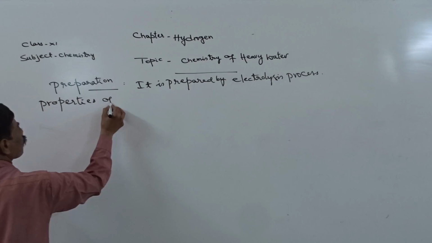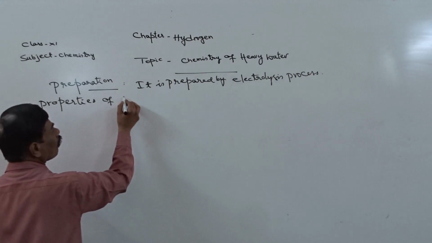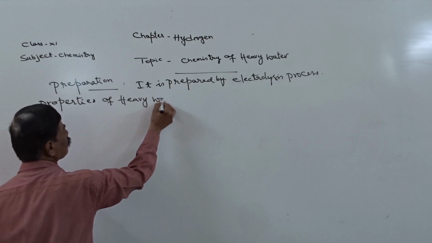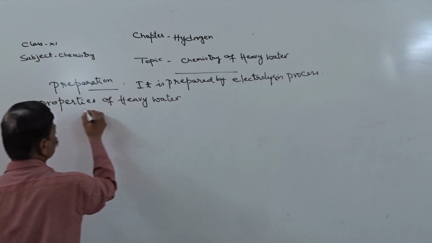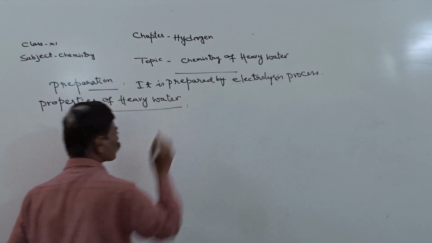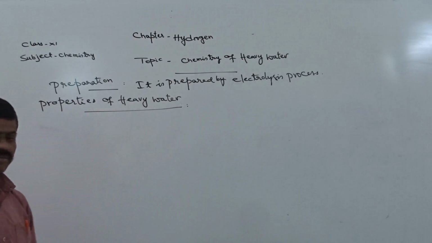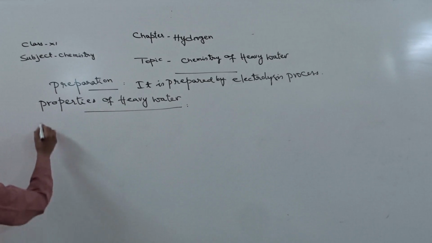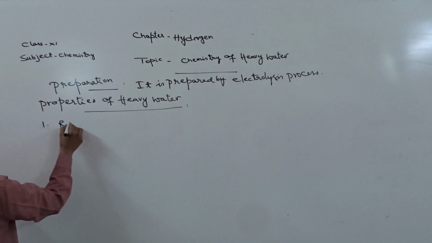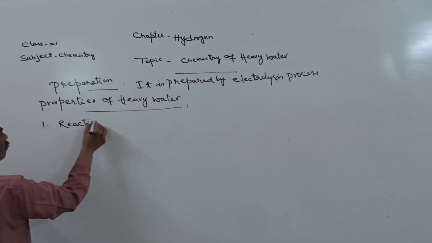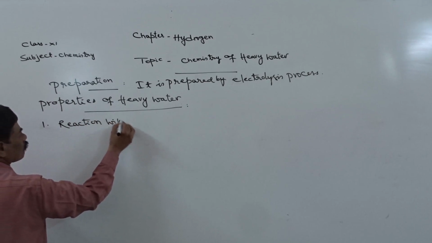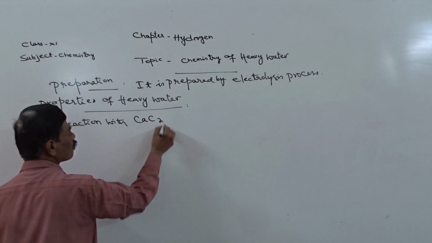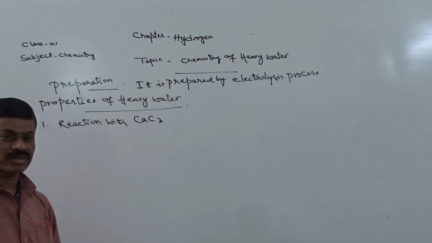Properties of heavy water. In this, let us see the important properties. There are three important properties. Number one, reaction with calcium carbide, CaC2.